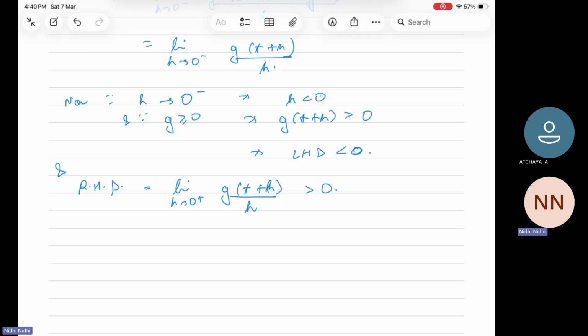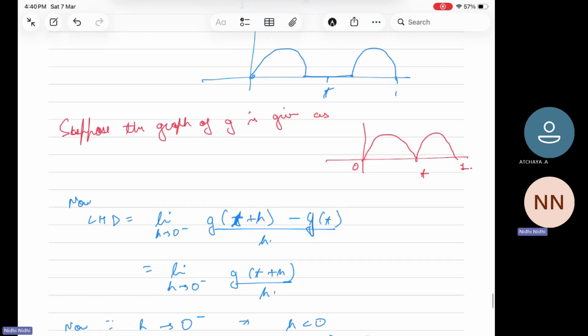The left hand derivative was strictly negative, but the right hand derivative is strictly positive, which gives us a contradiction. That means g is not differentiable at t. That means this type of graph cannot happen.